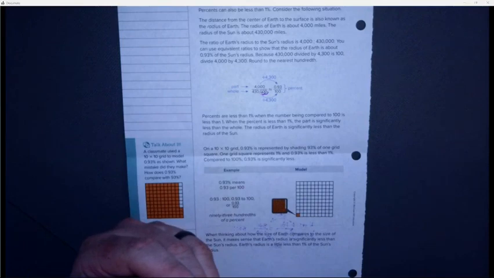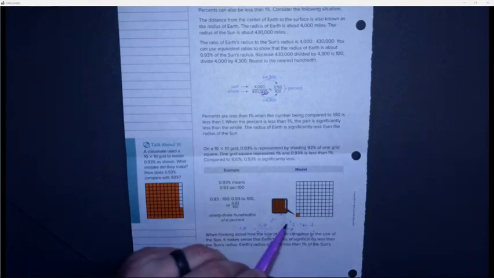Now at the bottom of our page, we look at modeling that 0.93%, or 93 hundredths of a percent. And we see here that they take a zoomed in shot of our 10 by 10 grid. We know a 10 by 10 grid has 100 squares in it, and it represents 100%, and 1 square represents 1%. So when we zoom in, we see 100 tiny squares.